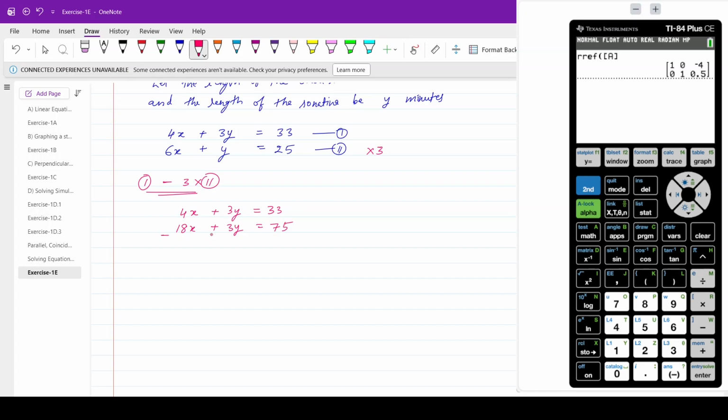Now subtracting will reverse the sign for each component. So this 3y will cancel out this 3y and we'll be left with 4 minus 18, that will be minus 14x, and 33 minus 75, that will be minus 42.